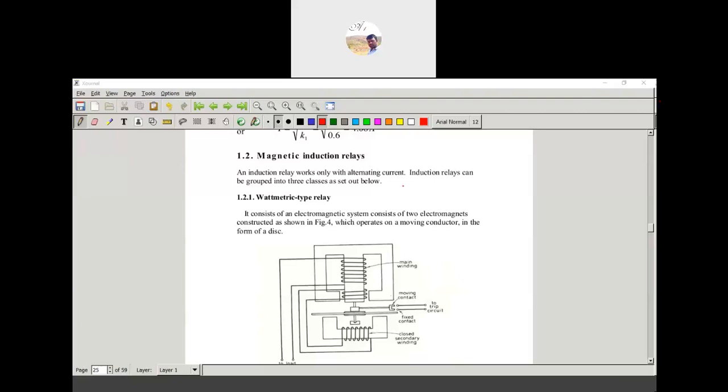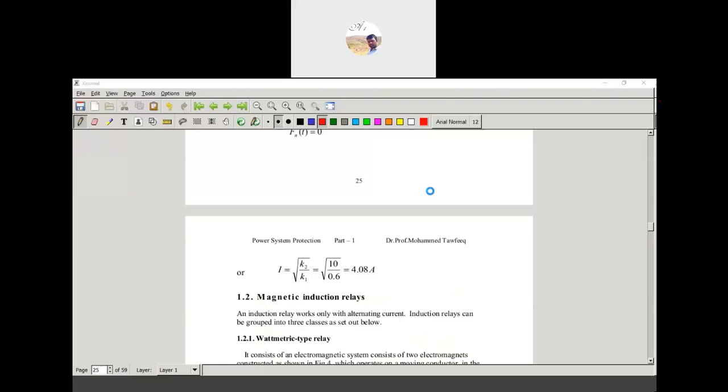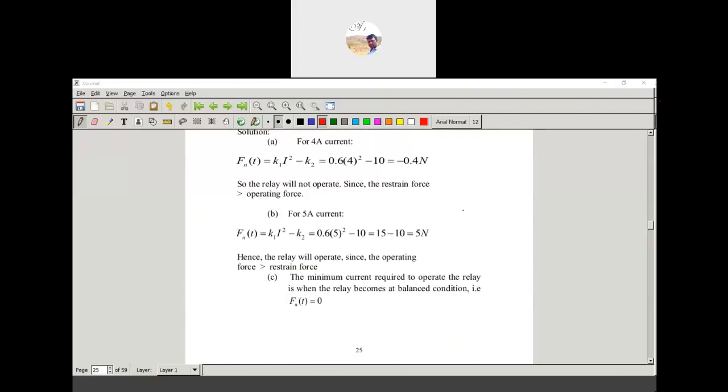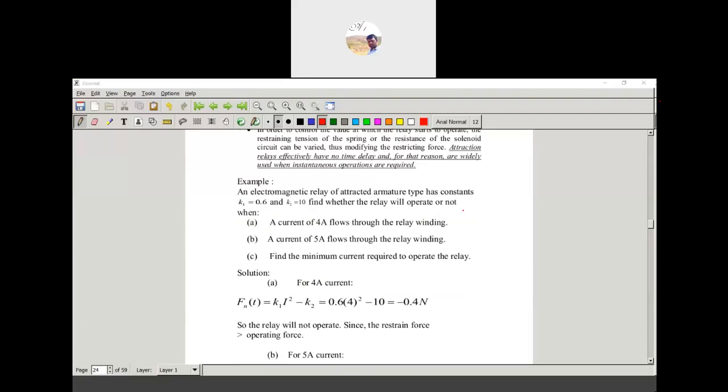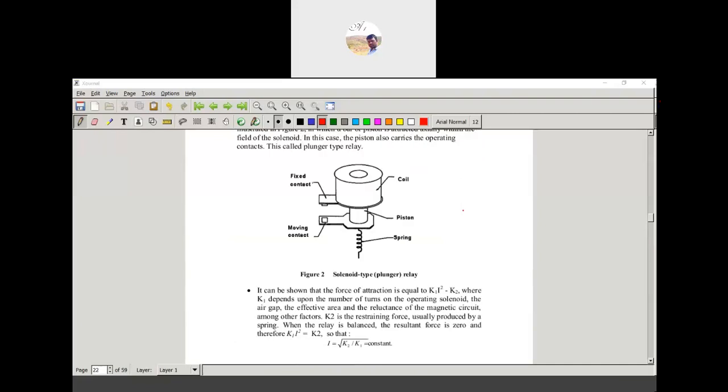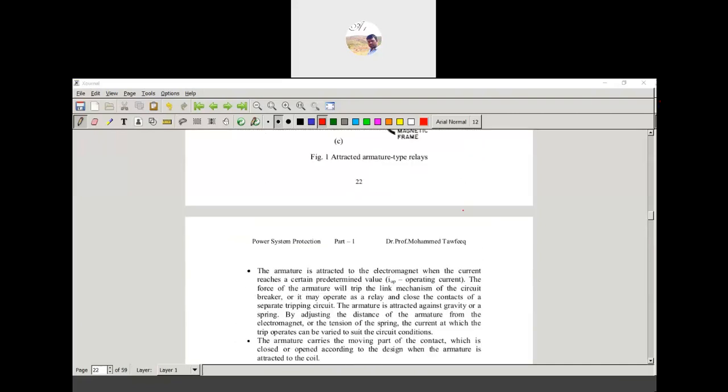So in this session, we are going to discuss the different types of electromagnetic relay, in detail. In the previous sessions, we discussed the relays which deal with the power system.